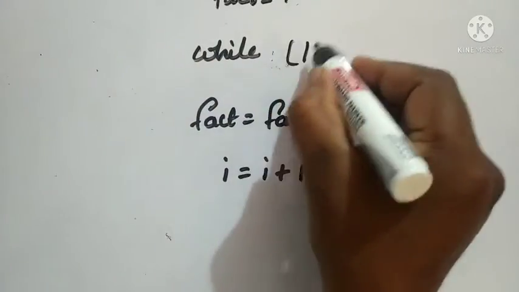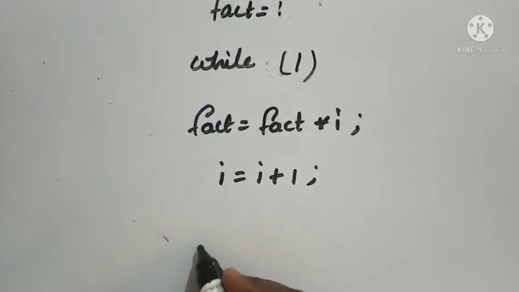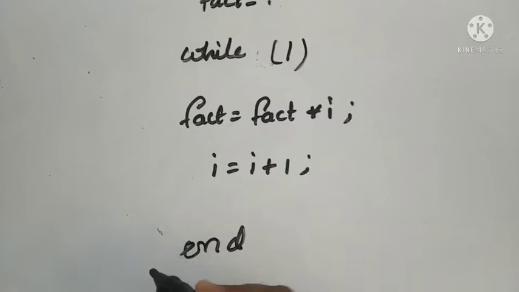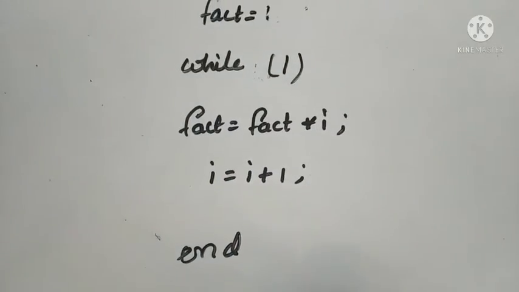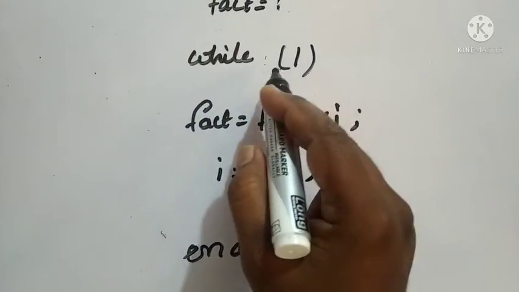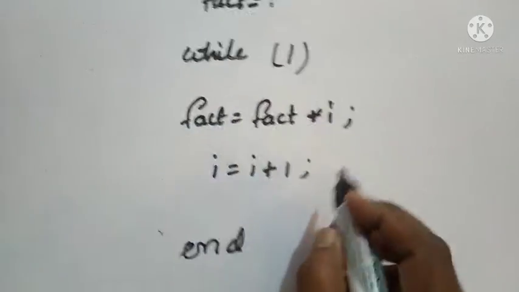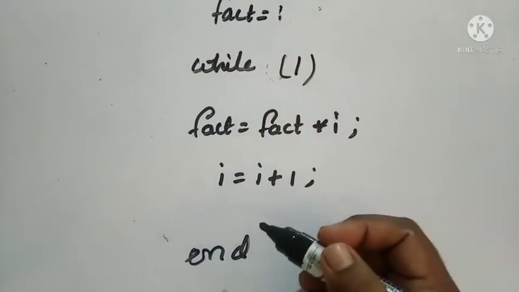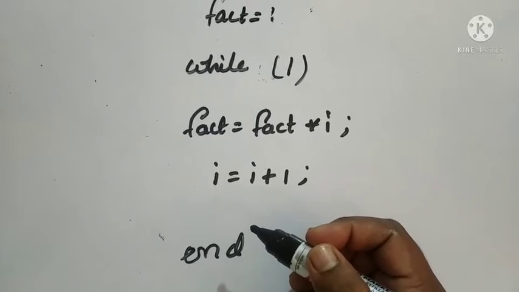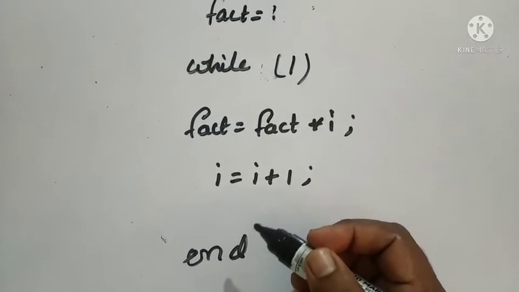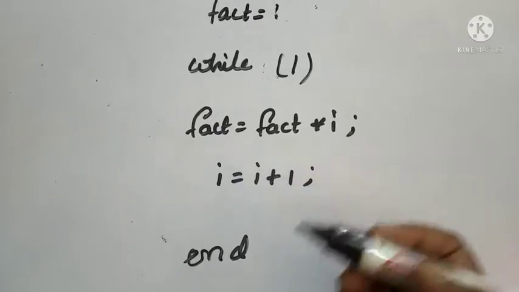So this loop will execute an infinite number of times and will not come out of the loop at all, because the condition is always true.